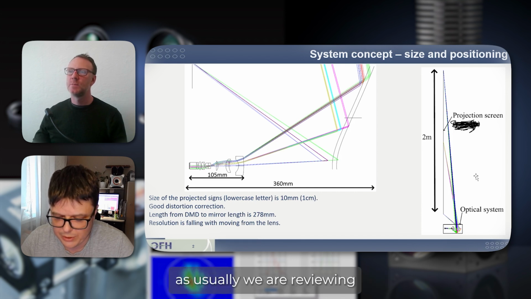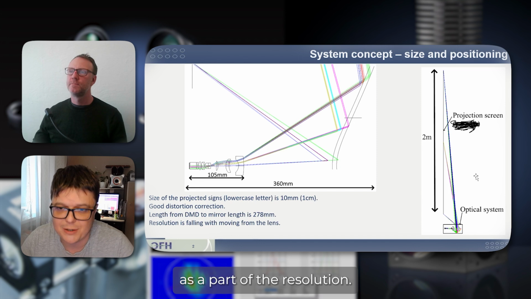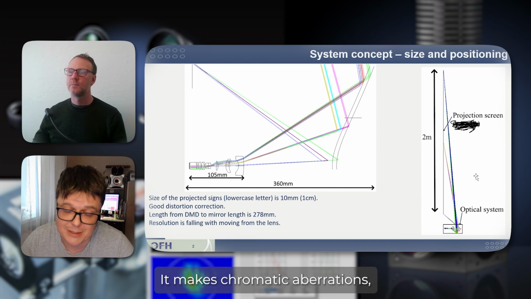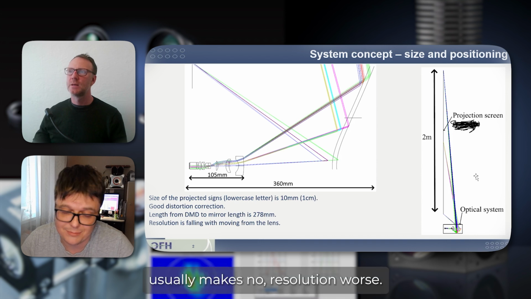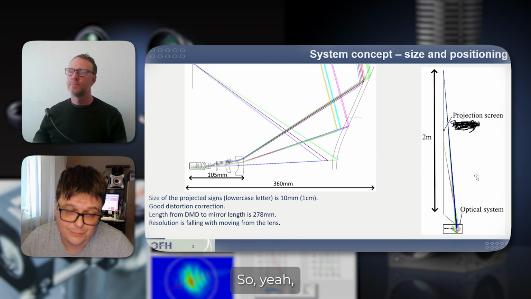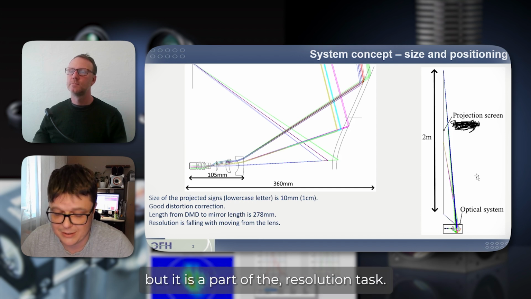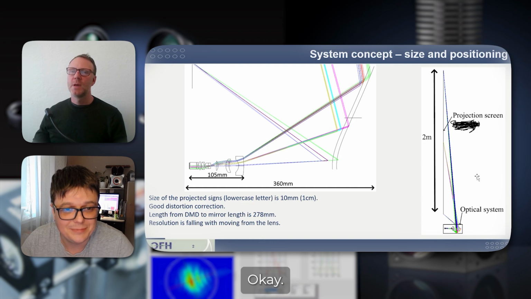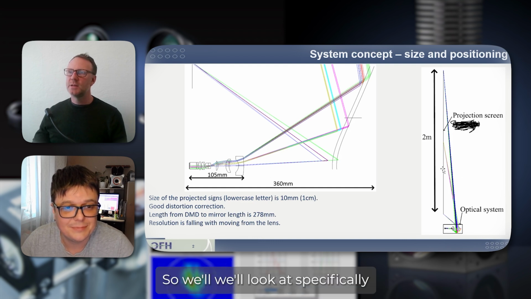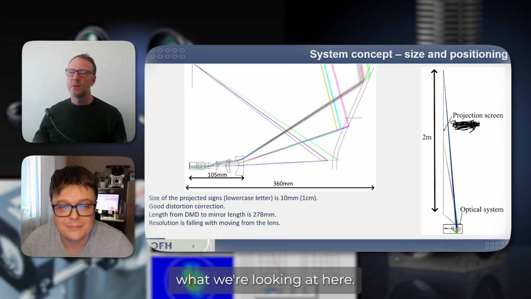As usually, we are reviewing the chromatic aberrations as a part of the resolution. Chromatic aberrations usually makes resolution worse. So yeah, it is also issue for this project, for this system, but it is a part of the resolution task.